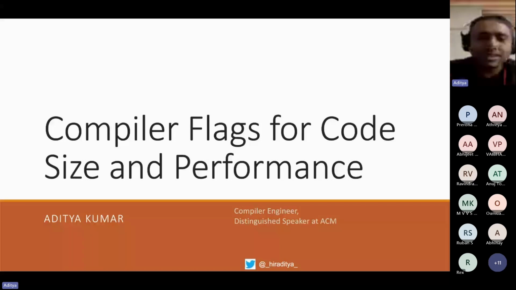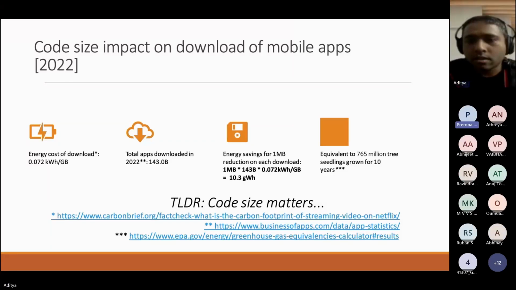All right, let's move on to some more serious stuff. Meanwhile, can I ask a question? In the compilation phases, code size will be optimized first and then we come to performance, right? The passes happen one after another, sequentially, so in most cases you first optimize for code size and then for performance.